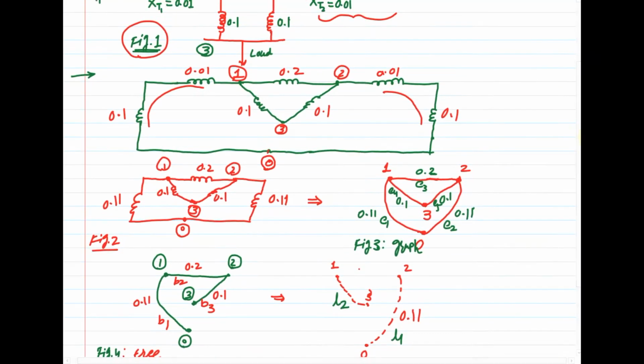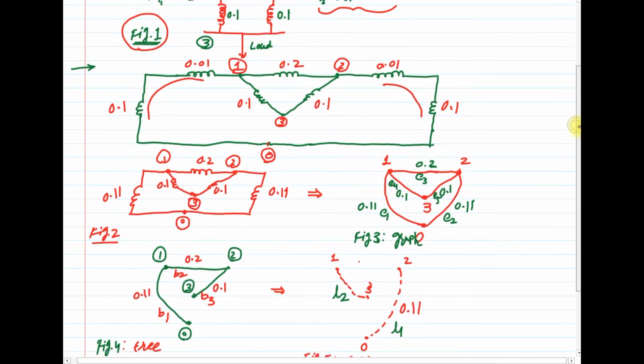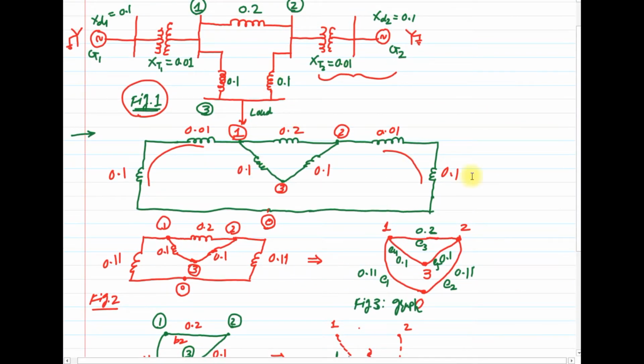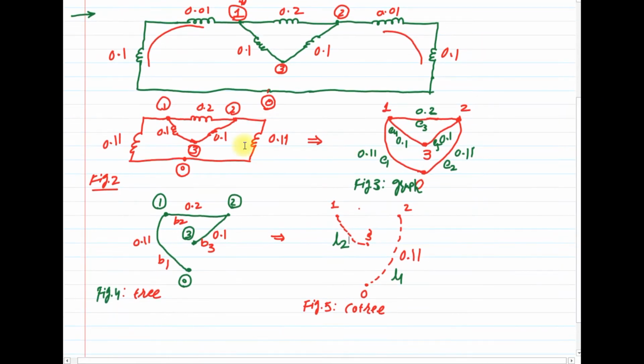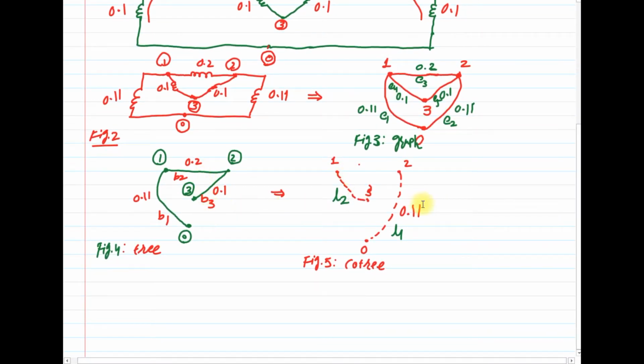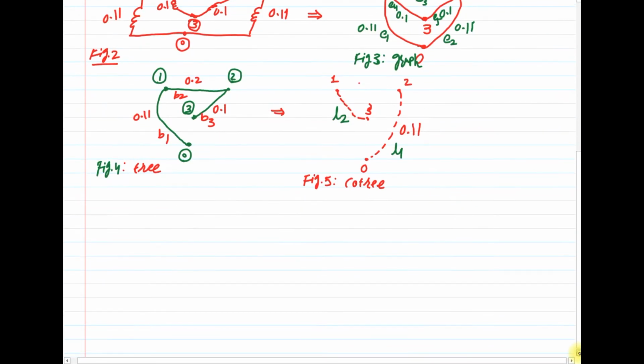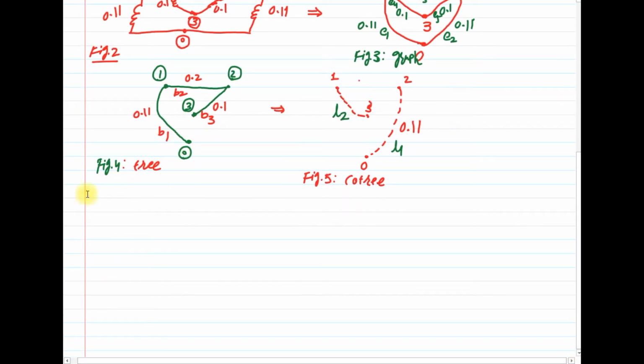Yeah, in our initial step, we have just simplified the diagram, and then this diagram is converted into the graph, tree and cotree with proper numbers. Now, as I have already said, the total number of elements indicates the total number of modifications required to formulate the Z-bus matrix.